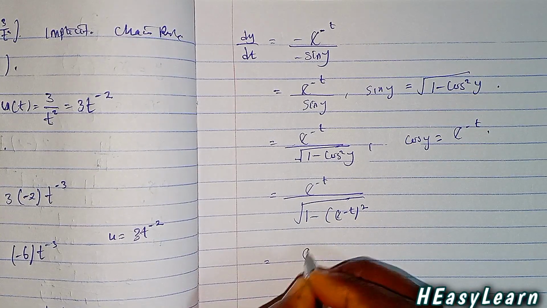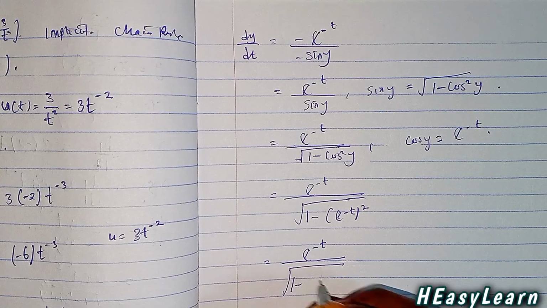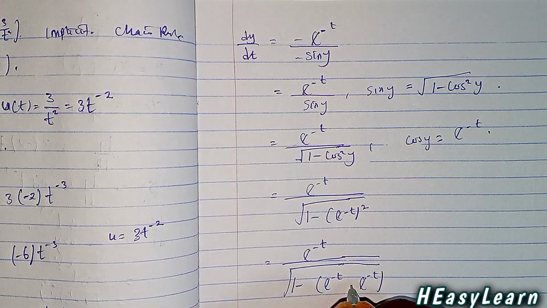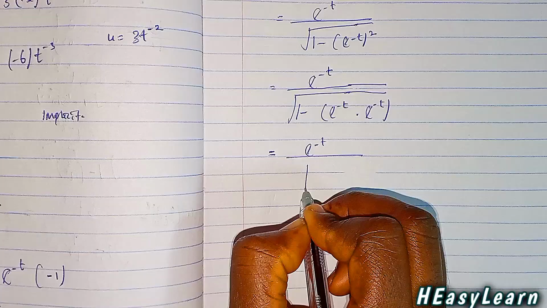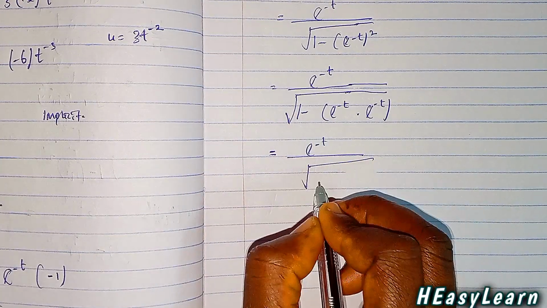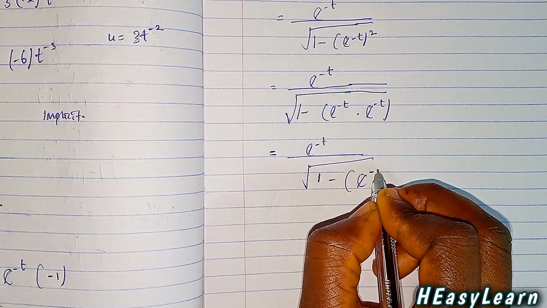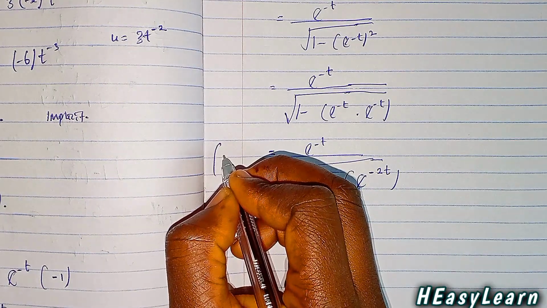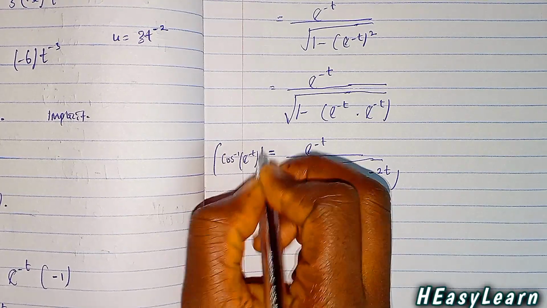This is exponential minus t multiplied by exponential minus t, by law of indices, giving minus exponential minus t divided by square root of 1 minus exponential minus 2t. So this is the derivative of cos inverse of exponential minus t.